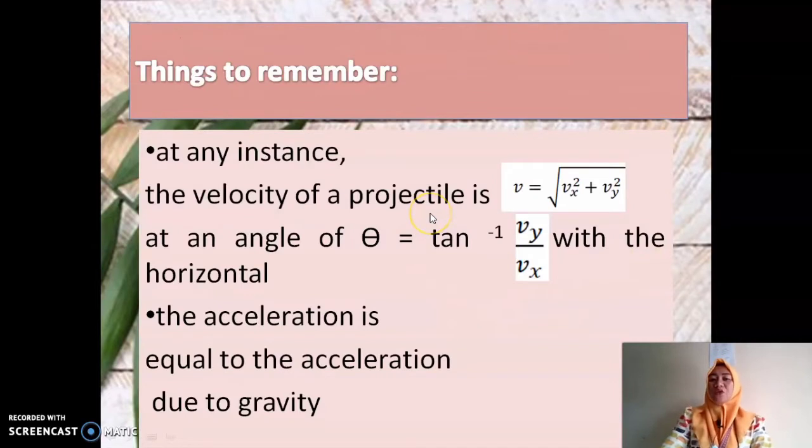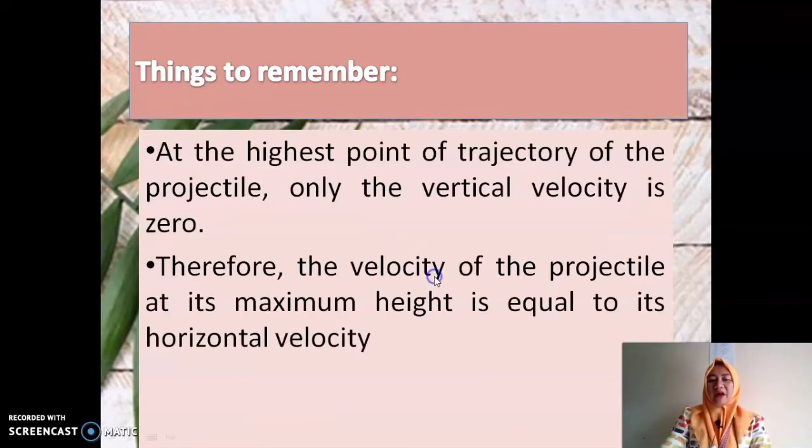There are things to remember in solving problems in two-dimensional motion. At any instance, the direction of the velocity of a projectile is the inverse tangent of v sub y divided by v sub x with the horizontal. The acceleration is equal to the acceleration due to gravity.